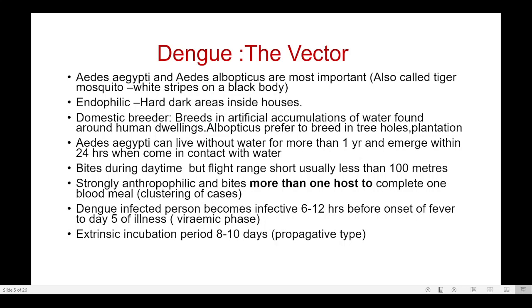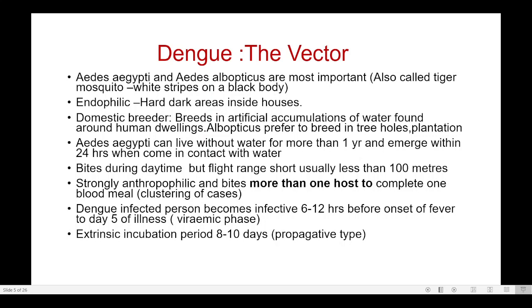On the other hand, albopictus prefers to breed in tree holes or any plantation. Aedes aegypti eggs can survive without water for more than 1 year, and when they come in contact with water, they can emerge within 24 hours. They bite during daytime, but their flight range is short, usually less than 100 meters.